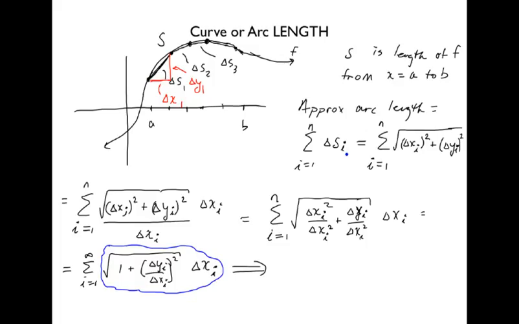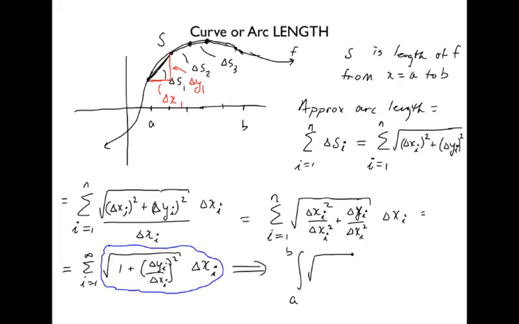Delta Si. Okay, now as we let the delta x's get really small and we get lots and lots of intervals, this sum turns into what? Greek S to German S for sum, right? From a to b of what?